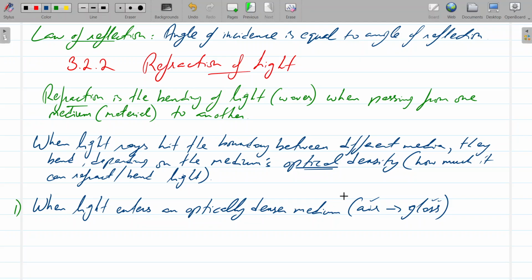So when light enters an optically denser medium at an angle, so not straight, it will bend towards the normal.